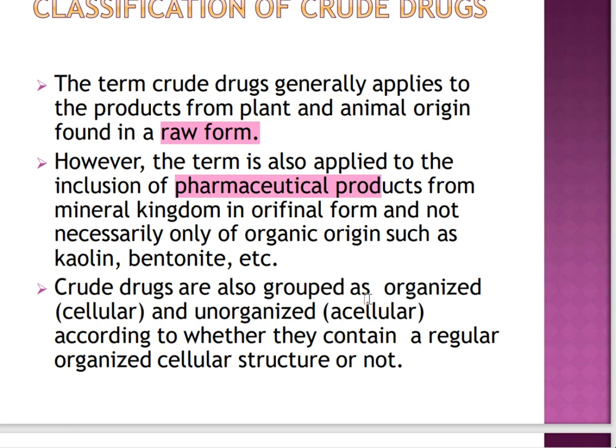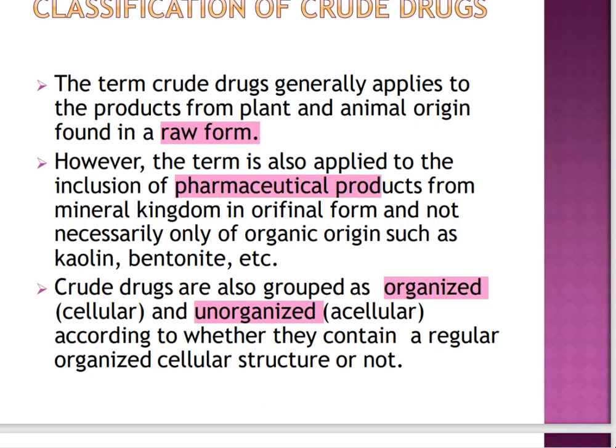Okay, the very important thing is that the crude drugs are classified as organized and unorganized. Organized means having a cellular arrangement of structures. It will have a proper structure like stems, leaves, roots, barks, etc. In unorganized, there are no such stems, roots, or flowers.